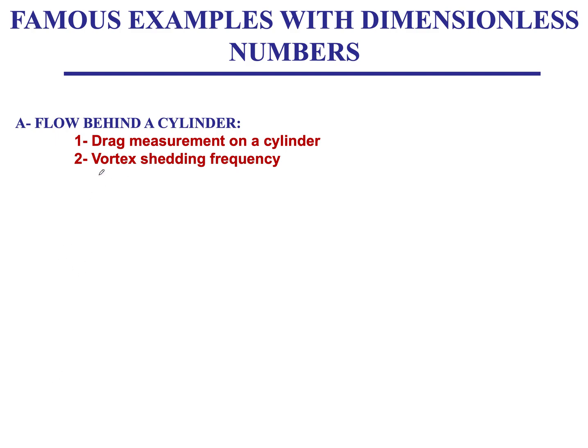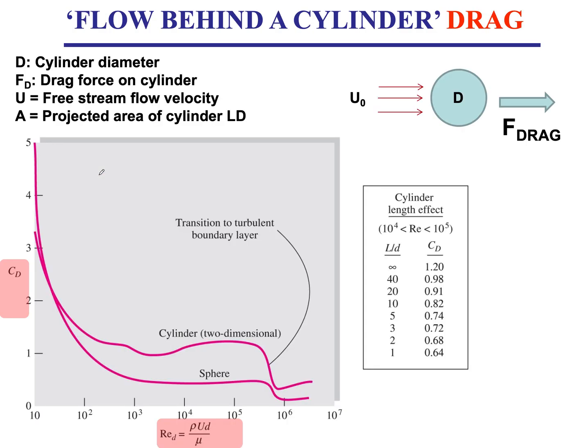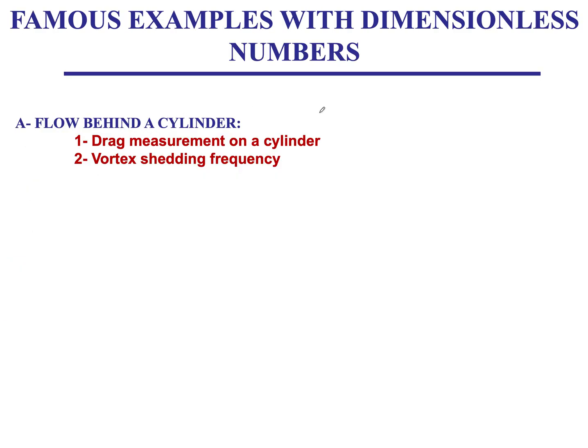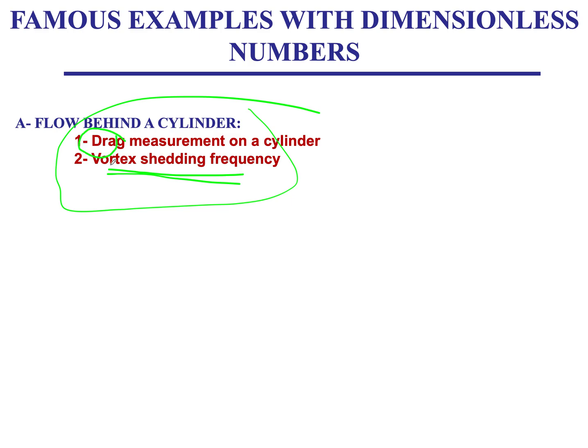So we just saw the two videos on the cylinder that was in cross flow, where we saw the movie for the shedding vortices, and then we had deduced that there was a force on the cylinder that prevented it from moving, and that's what we call the drag force.